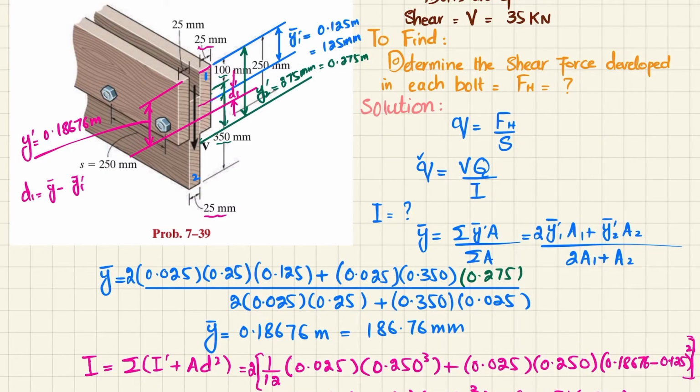This is your neutral axis. Clear? Till the centroid of the second, so till the central line of the second. So this is your d2. This distance is your d2, which is equal to y2 dash minus y dash.